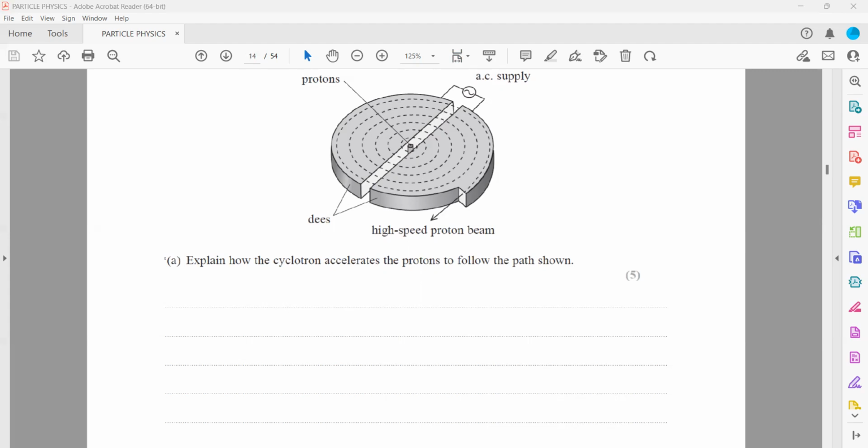So these are the points which you will use to answer a cyclotron question. For the first point, because I write a general answer, you can change the word particle.